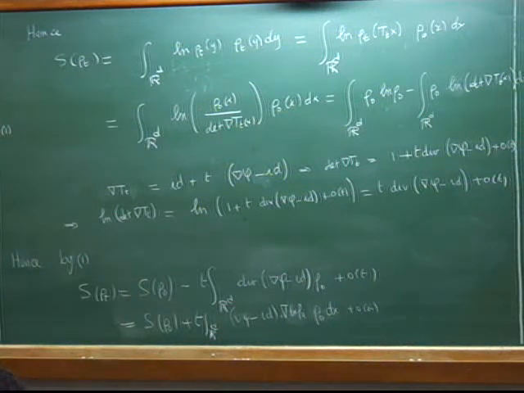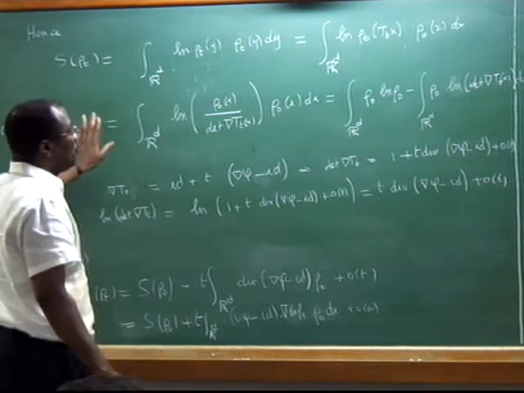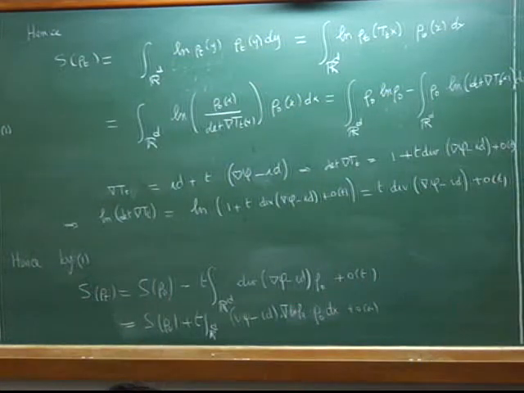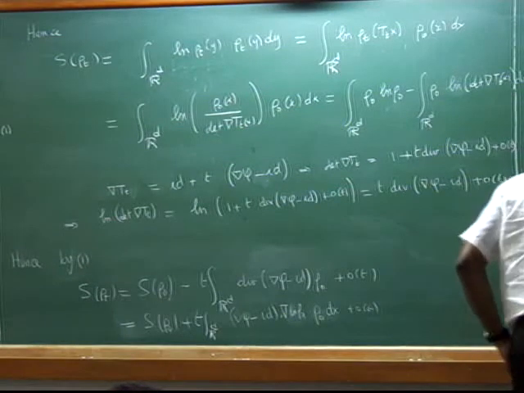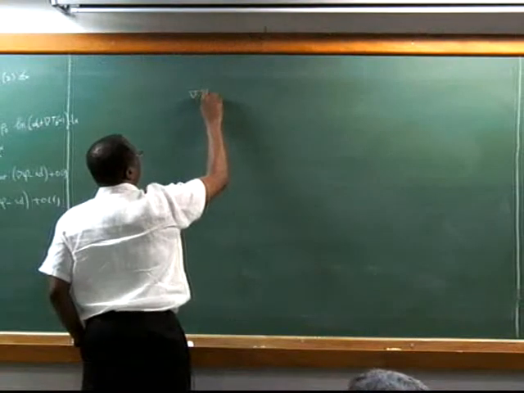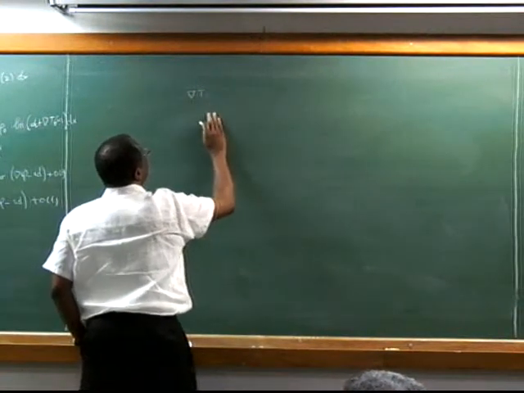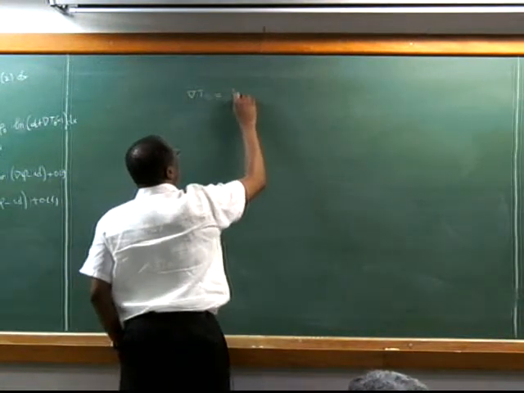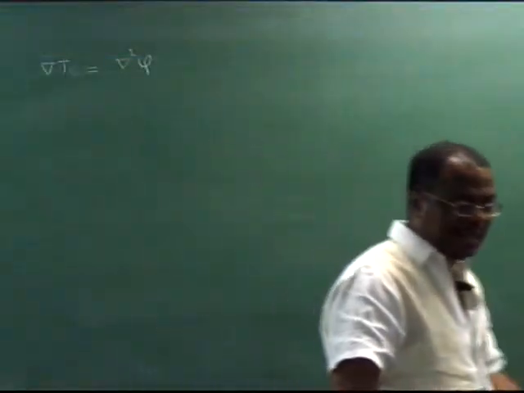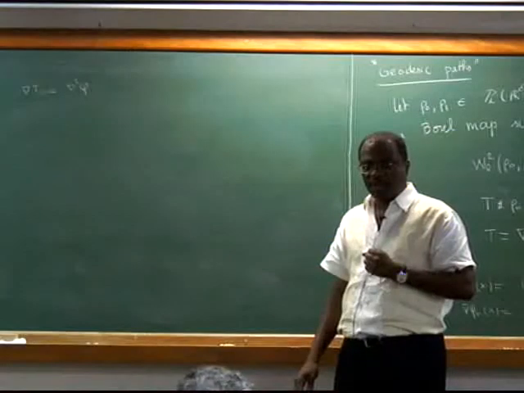Second part, I want to compute the second derivative. So I am going to go back to this expression and make the following observation. The gradient of T_t, the gradient of T equals the second derivative of phi, a symmetric matrix, which is diagonalizable.